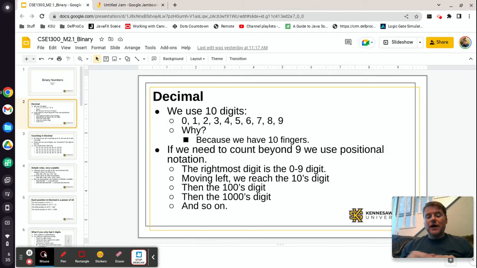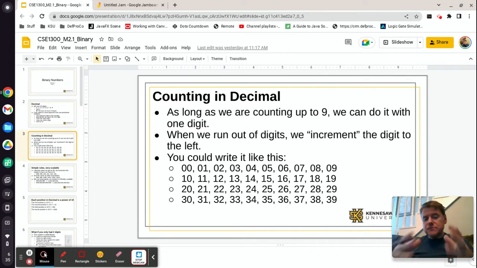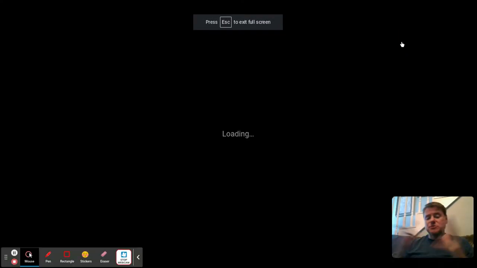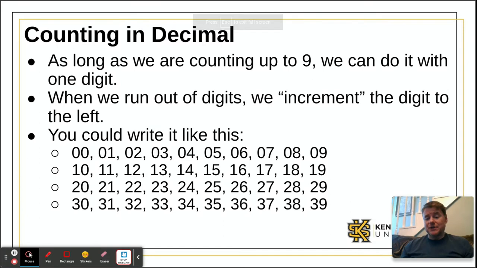So why is this important with regard to binary? Well, if we were to count up past 9, when we get to 9, we reset the first digit back to 0. Again, I know this all sounds very obvious, but I promise when we do it in binary in a moment, it's going to seem much less obvious, even though it's the exact same thing.